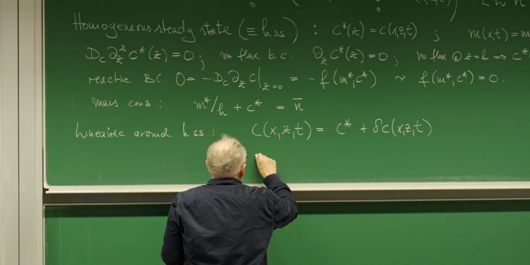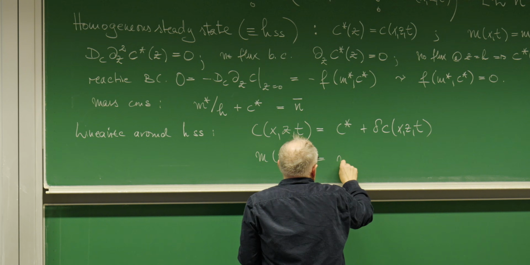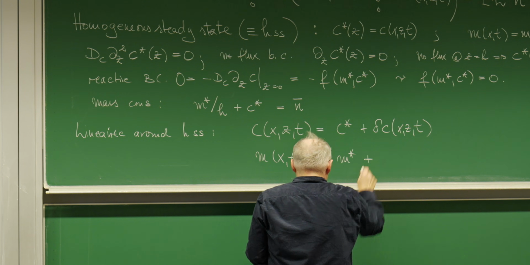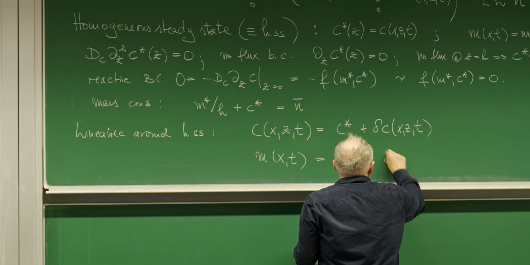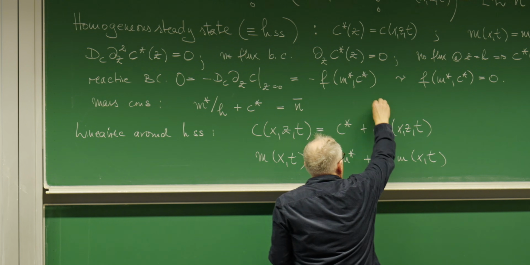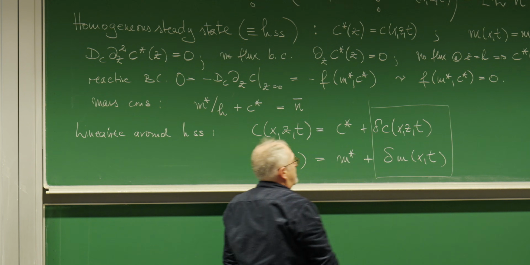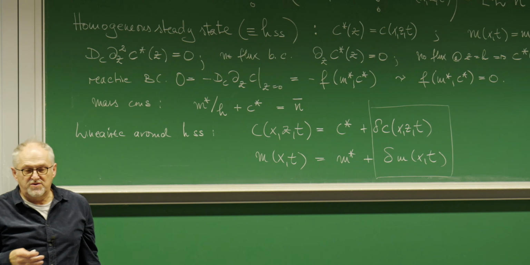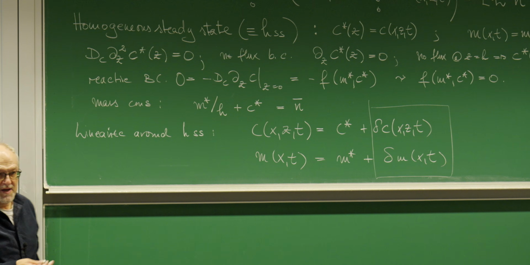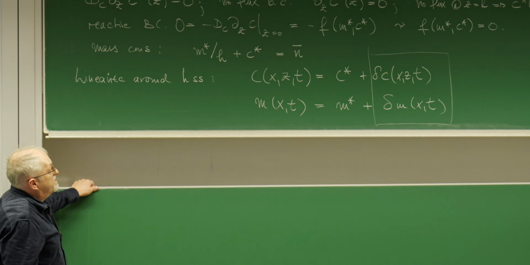And we also write for m of x and t is m star plus a delta m of x and t. And we want to focus now on the theory of these perturbations because we want to learn how they are growing over time when I look at the equation of motion.